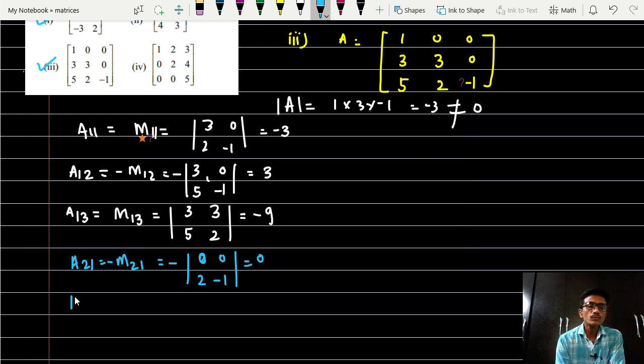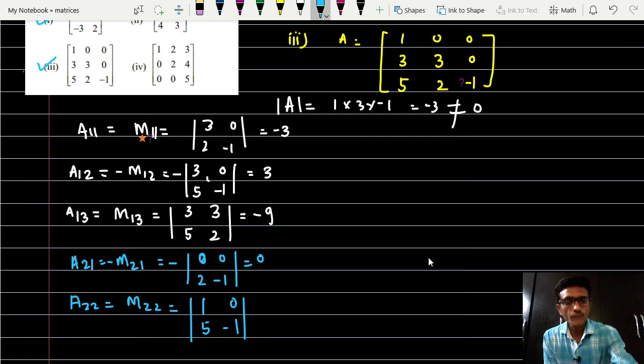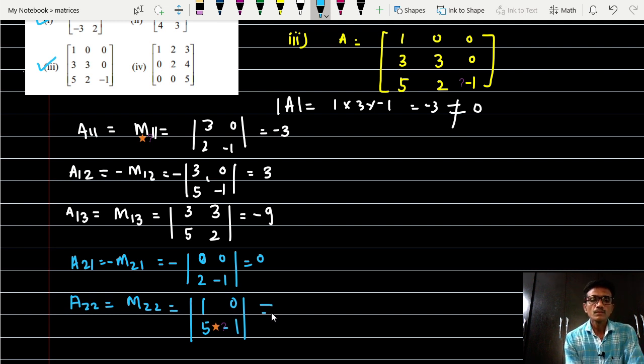Then A22 is equal to M22, the value of the determinant with the second row and second column deleted: 1, 0 and 5, minus 1. Which is -1.